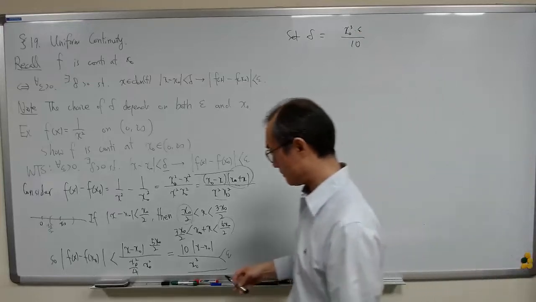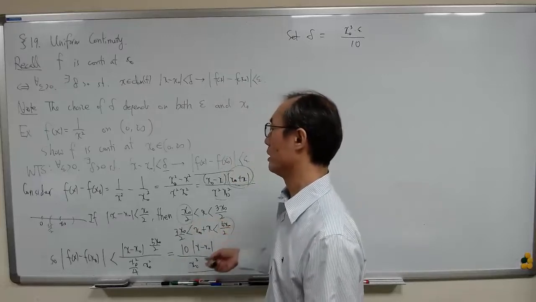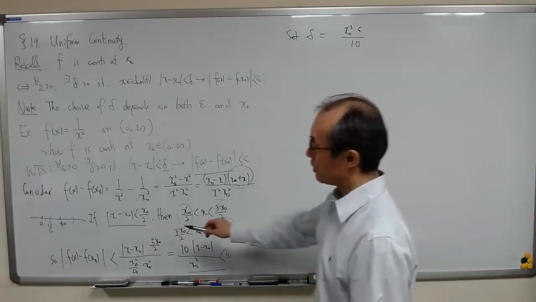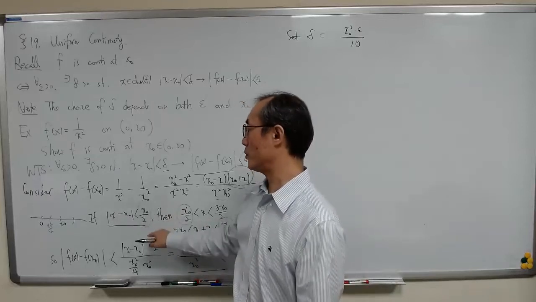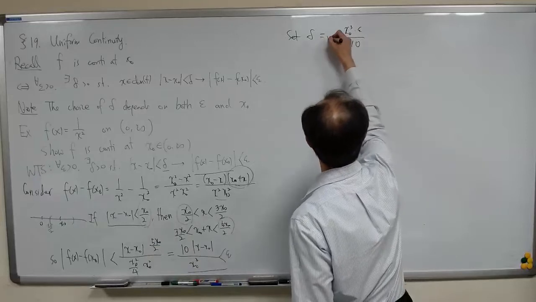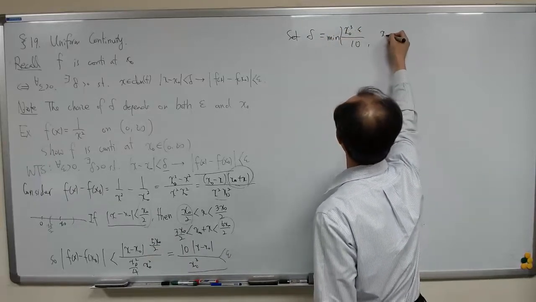But to apply these inequalities, we need an additional condition for x, which means your delta must be smaller than x naught over 2 too. So you take delta as the minimum of this quantity and x naught over 2.